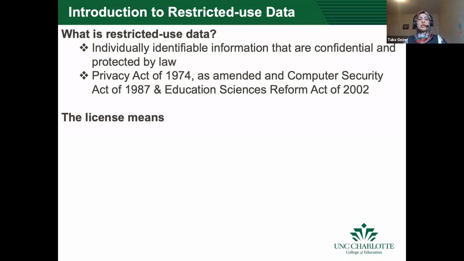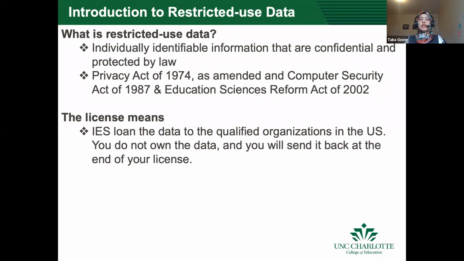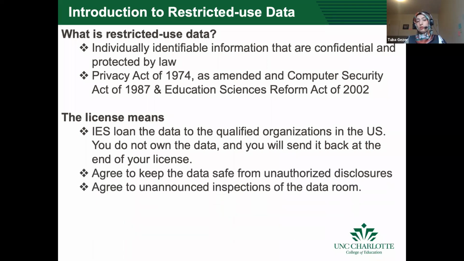So what does this license mean? This license means that IES will allow you to use their data set, but you don't own the data. Once your license is over, you have to send the data back to IES. So you have temporary permission to use the data as long as your license is valid. This license also means that you agree to keep the data safe from unauthorized disclosure, and you accept unannounced inspection of your data room.